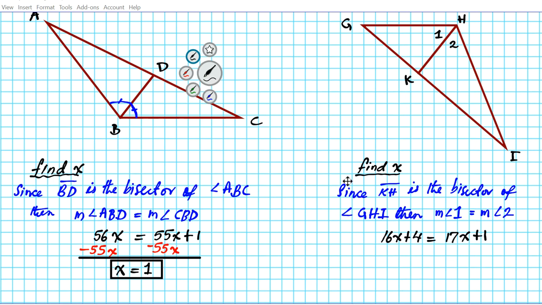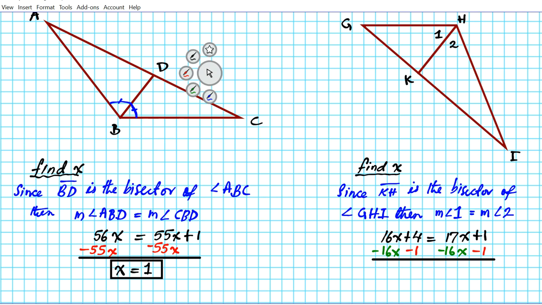Okay, so now we're going to solve the resulting equation for x. Okay, so how do we do that? Let's move all the x's to the right and the numbers to the left. So I'm going to subtract 16x from the left side and the right side of my equation. And then this 16 will be gone. So I need this 1 to the left side. So subtract 1 from both sides of my equation.